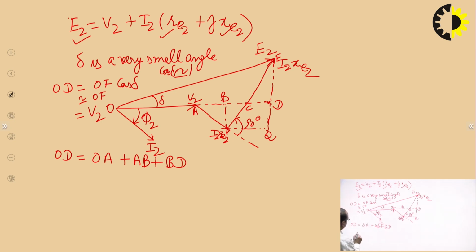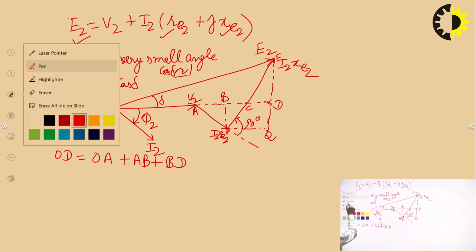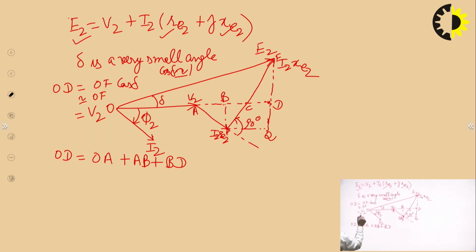Now, this can be written OD is V2, OD is E2, not V2, since OD equals OF and OF is E2. So, this is E2, not V2. So, I write it here, OD is E2, OA is V2 plus AB.